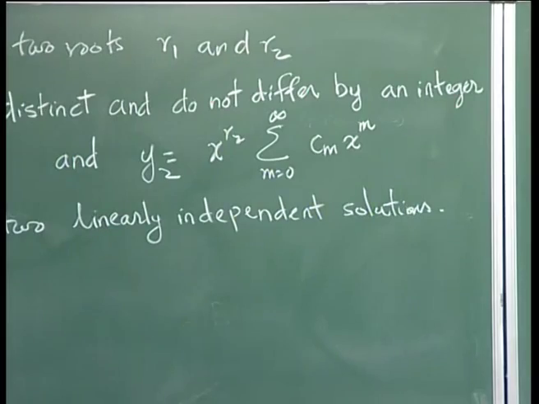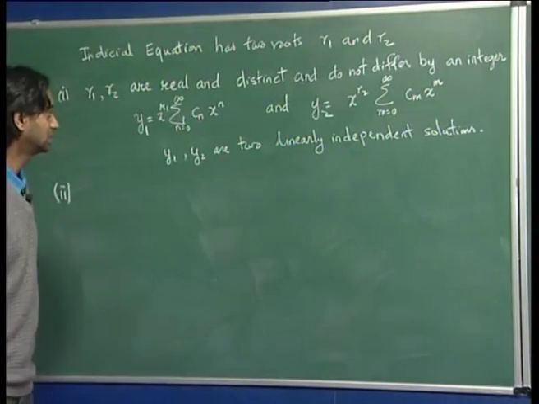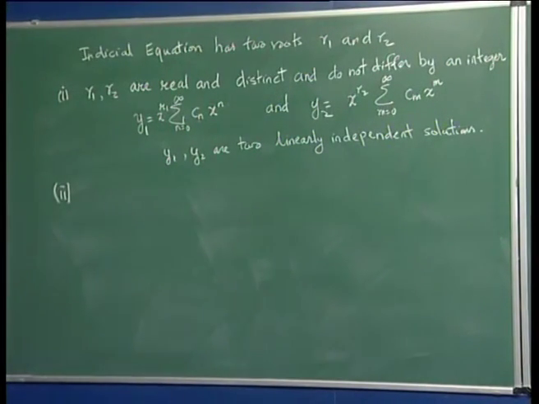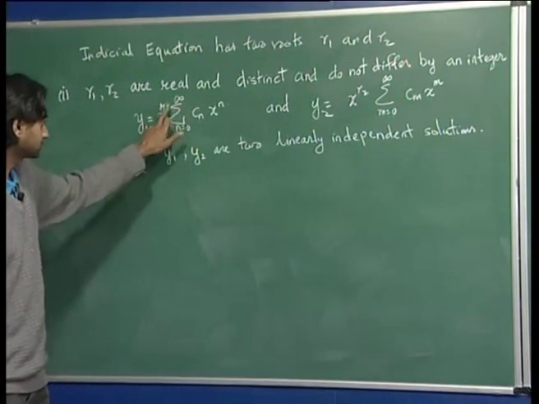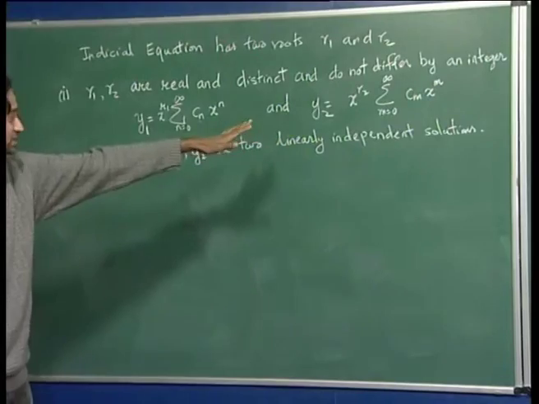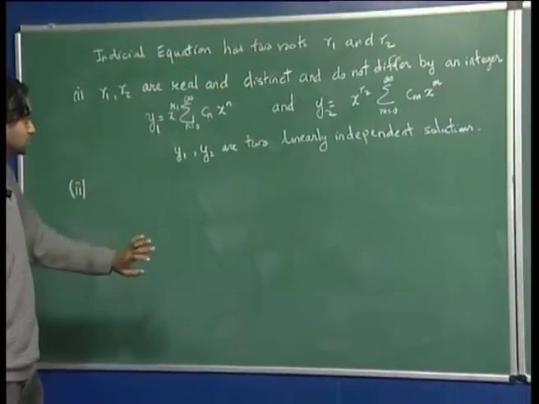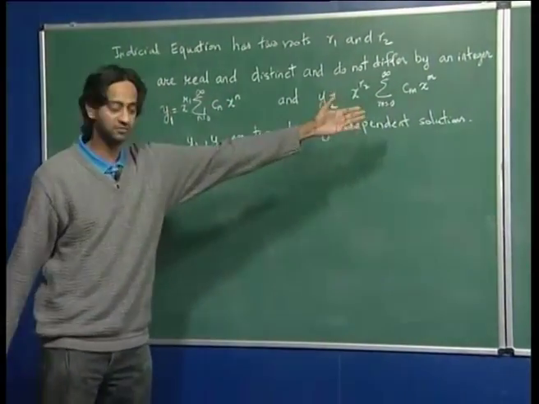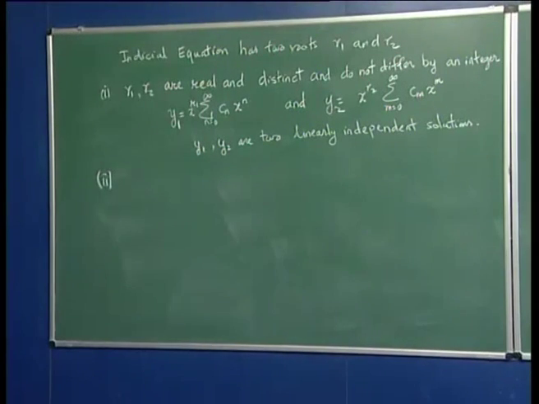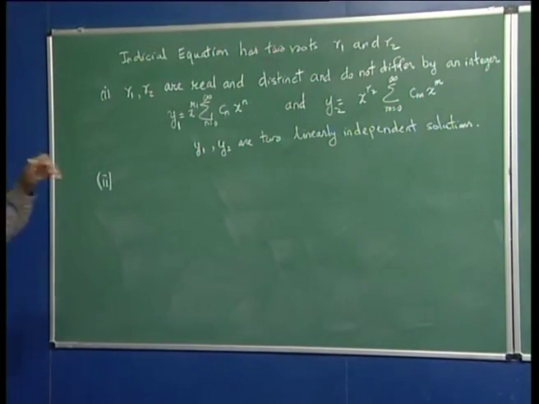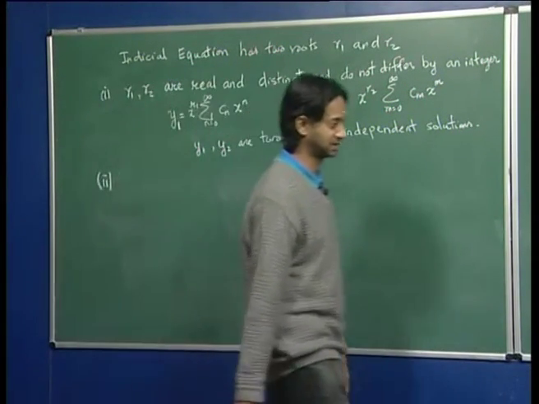Okay, this is the condition for you to be able to write this as linearly independent. If r 1 and r 2 differ by an integer, then it turns out that these two series become very closely related. You can write one series in terms of the other. Okay, then you lose the fact that they should be linearly independent.